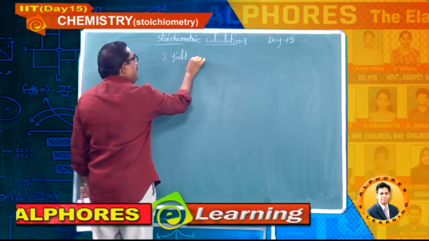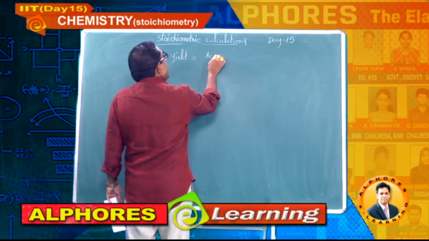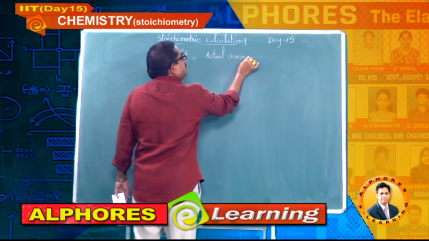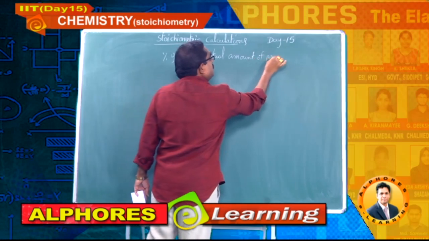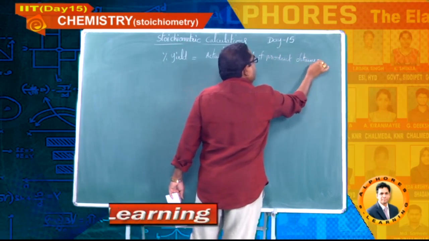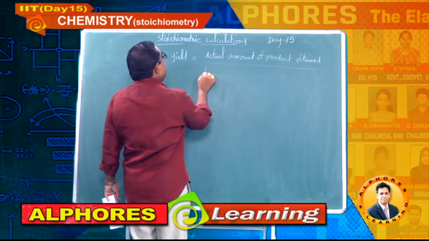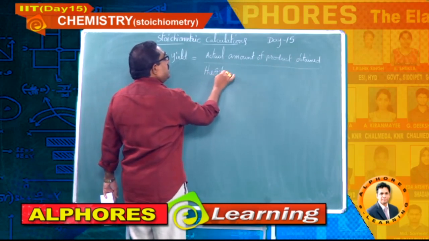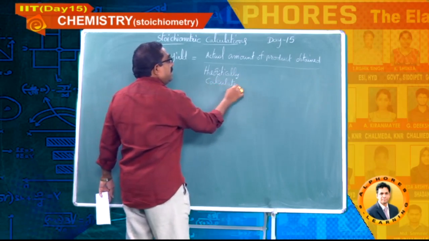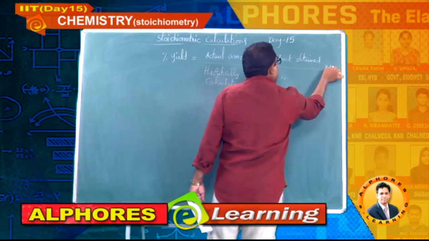Percentage yield is equal to the actual amount of product obtained in the process or in the reaction, divided by the theoretically calculated amount of product, multiplied by 100.